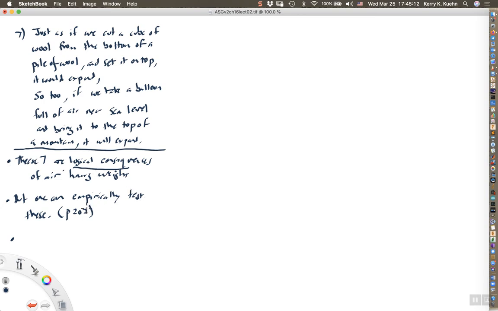We can, however, empirically test these, but if our tests failed, so for example, if we took a balloon at sea level and we brought it up to the top of a mountain and we found that it did not expand, that is, if this test failed, he says, I would still be correct.